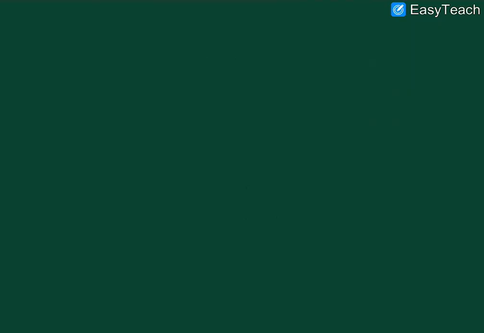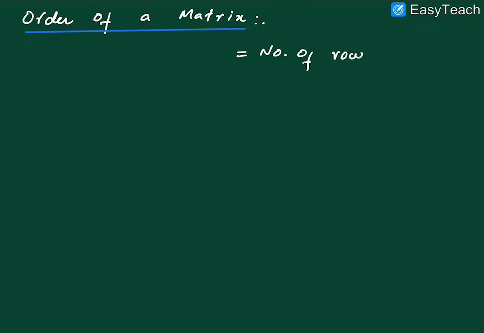Now we will see what is the order of a matrix. Order of a matrix is equal to number of rows times number of columns.